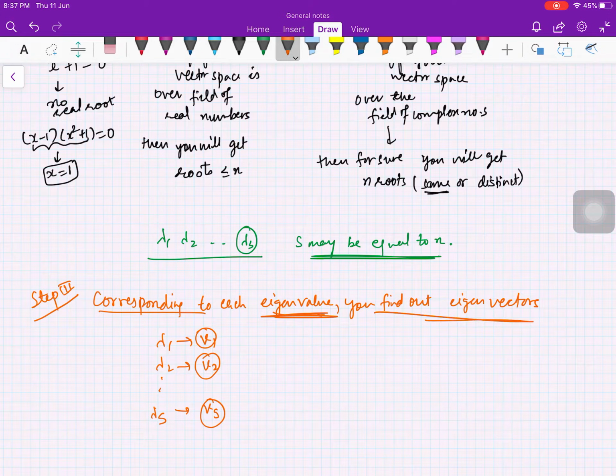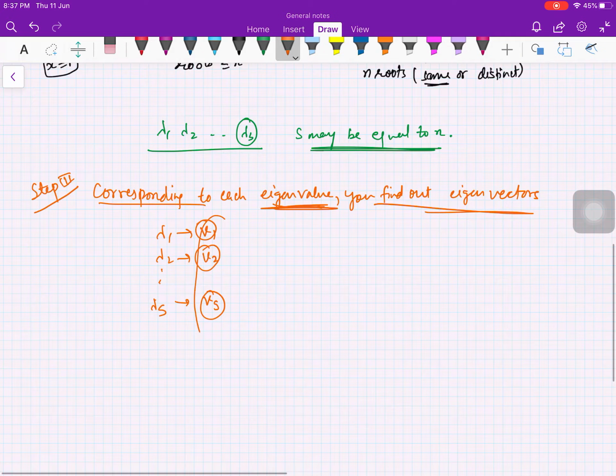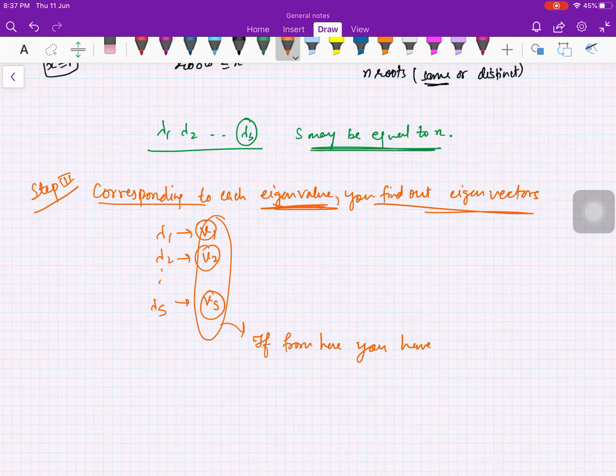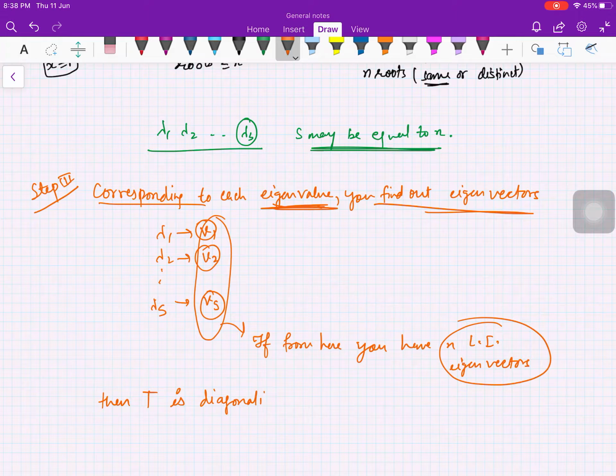What we are saying here is that corresponding to each eigenvalue you find the eigenvectors, and now you have a collection of eigenvectors. If from here you have n linearly independent eigenvectors, then you form a basis with it, and your T is diagonalizable, otherwise not. Is that clear? Fine.